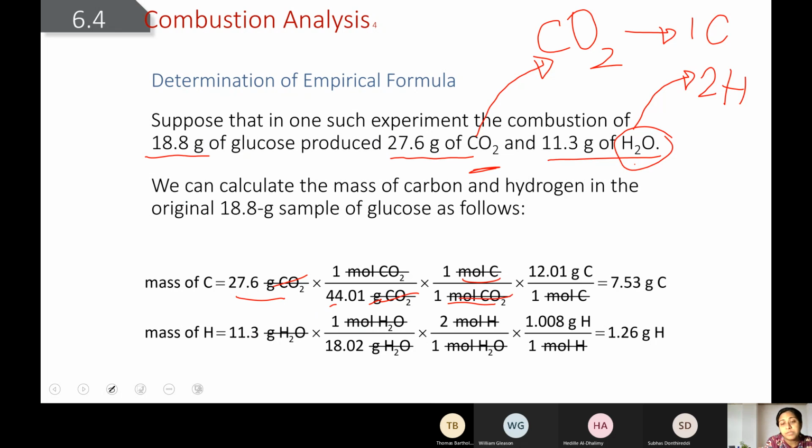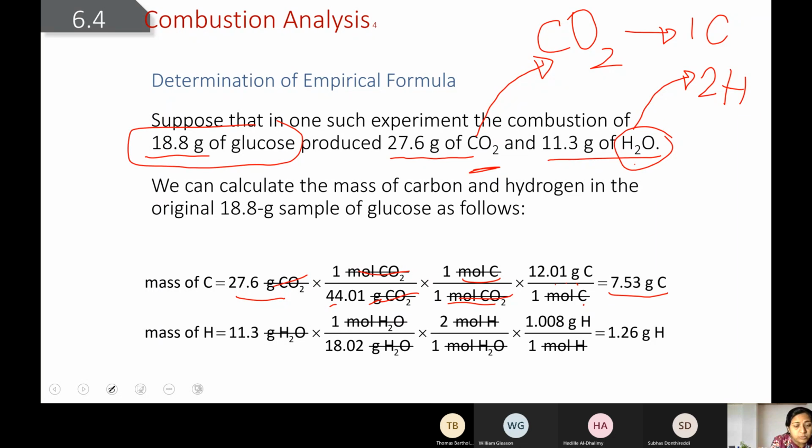Then moles of carbon dioxide cancel out and we get the answer in moles of carbon. Do you know how to change the moles of carbon to the grams of carbon? Yes, you need the molar mass of carbon. Alright, so 1 mole of carbon weighs 12.01 grams. So after solving this calculation, you get 7.53 grams of carbon in this 18.8 grams of glucose sample.